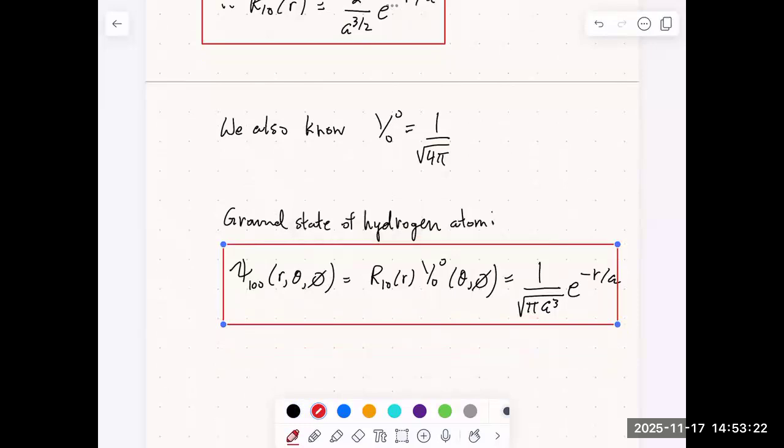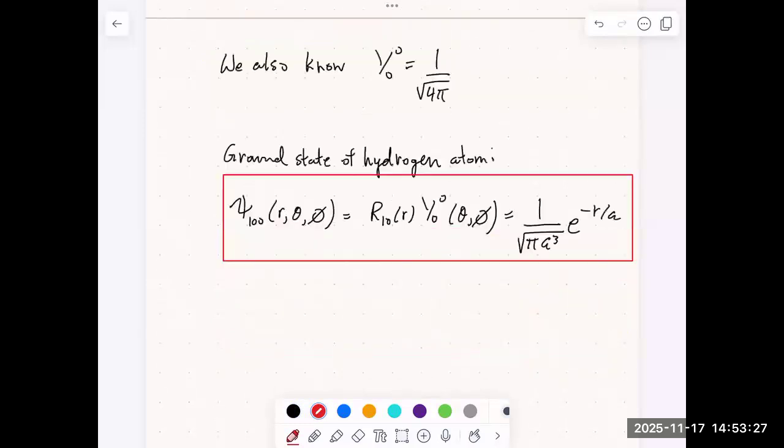This we should feel good about. There it is. Okay, now if I wanted to get an excited state, I would put in n equals 2 instead of n equals 1.